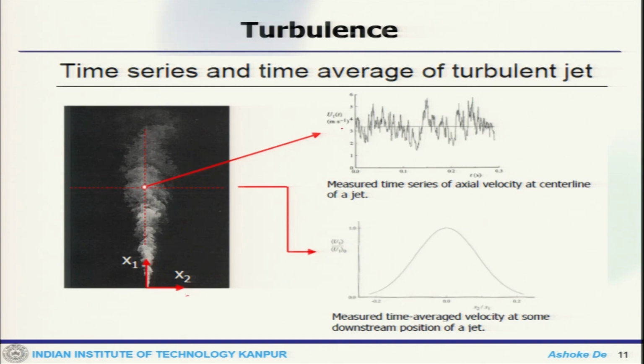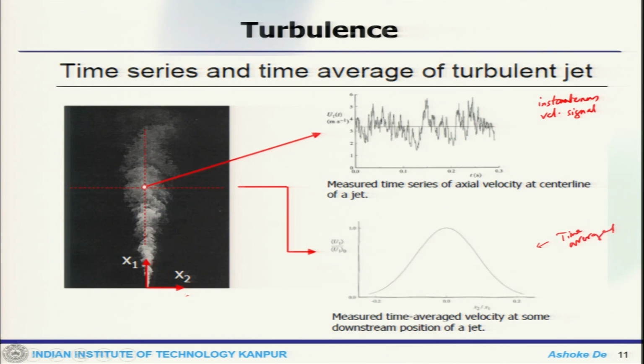At any particular point, this is an instantaneous velocity signal, and you can see how it is behaving. There is a huge chaotic variation, and this is at the same location where you get the time averaged velocity.